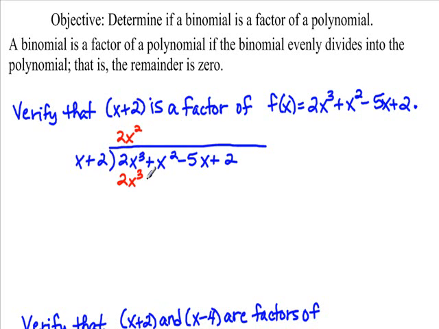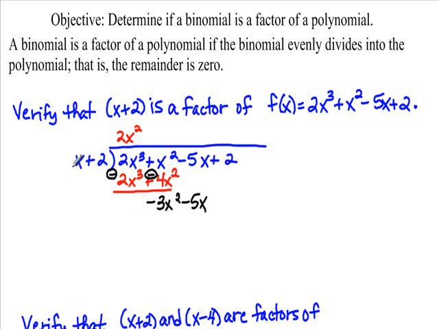Multiplying again gives us 4x squared. Now after we multiply, we subtract, which changes the signs, and then add. So we get 0 for the 2x cubed minus 2x cubed. X squared minus 4x squared is a negative 3x squared, and bring down the minus 5x.